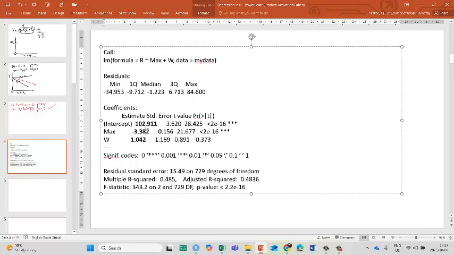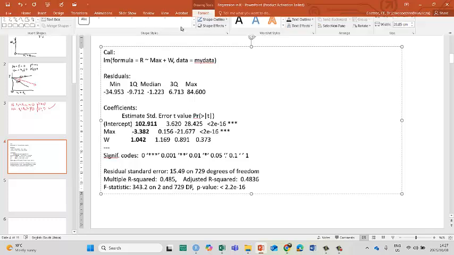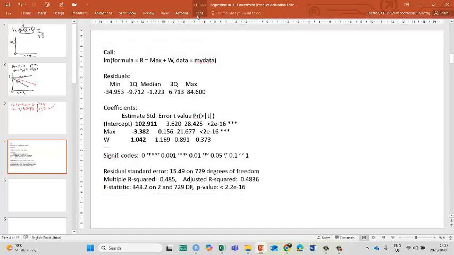Is this coefficient really minus 3.382, or should it be something else, for example minus 4.2? What we do know, given these stars, is that it is not 0.